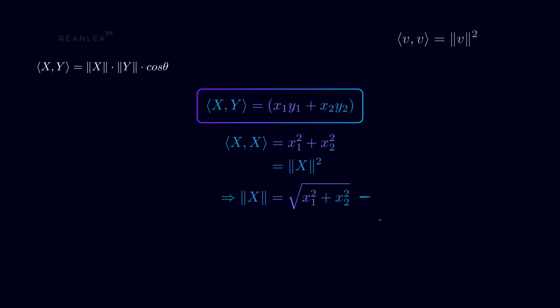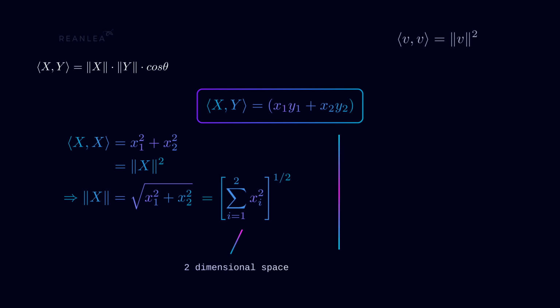That is the square root of the sum of xi square, for i from 1 to 2. Here this result is for two-dimensional space R2. And if we generalize this to n-dimensional space Rn, it simply becomes norm of x is equal to the square root of the sum of xi square, for i from 1 to n.